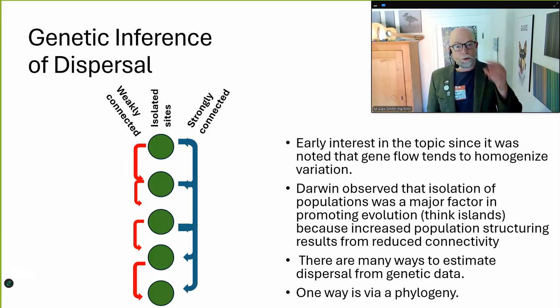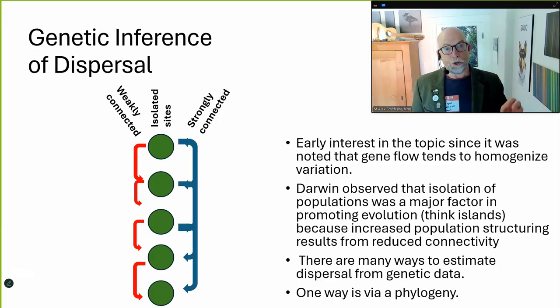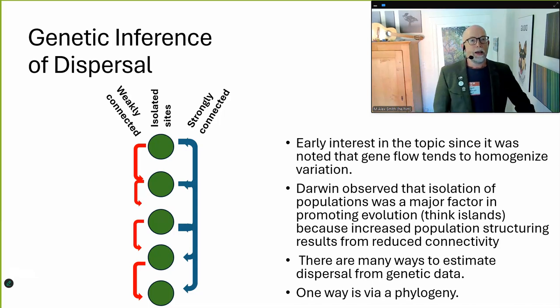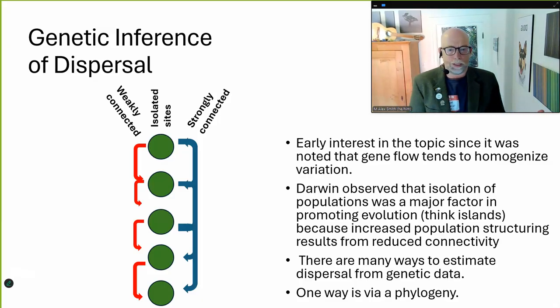And that's because increased population structuring should result from reduced connectivity, that is, reduced gene flow. And there are many, many ways to estimate dispersal from genetic data. If your career takes you in that direction, some of them I think are quite exciting and cool. But one way is via phylogeny.